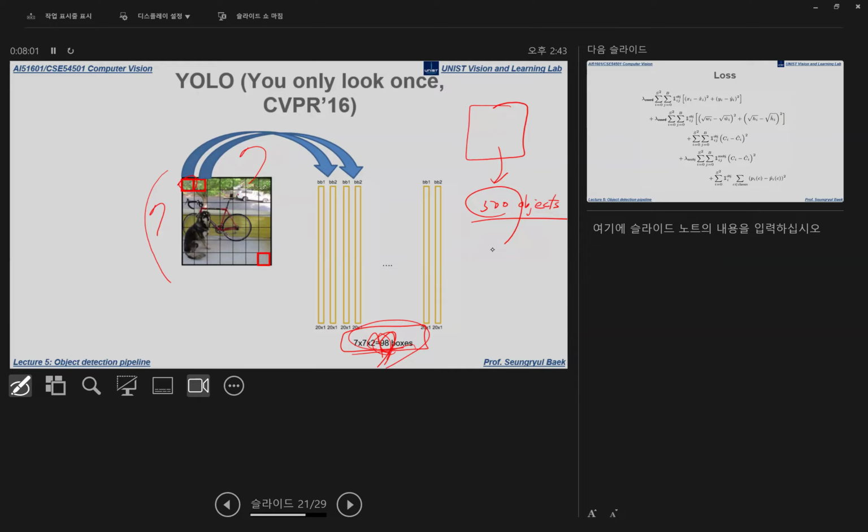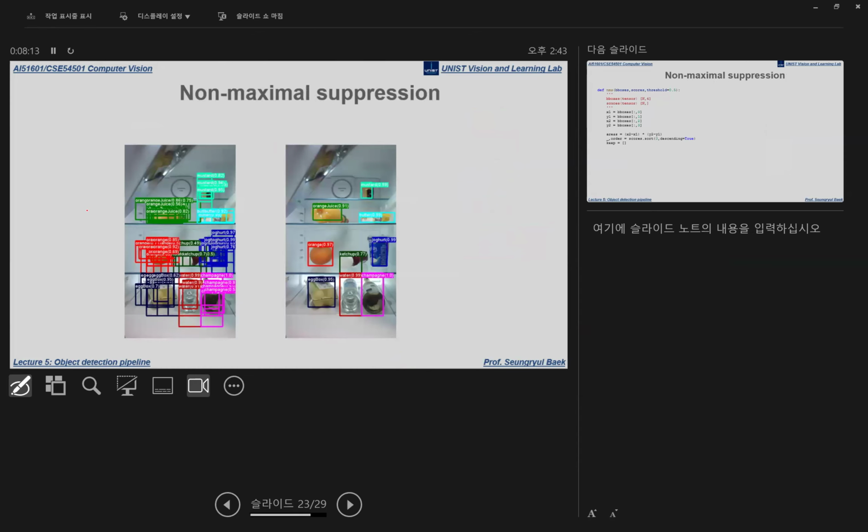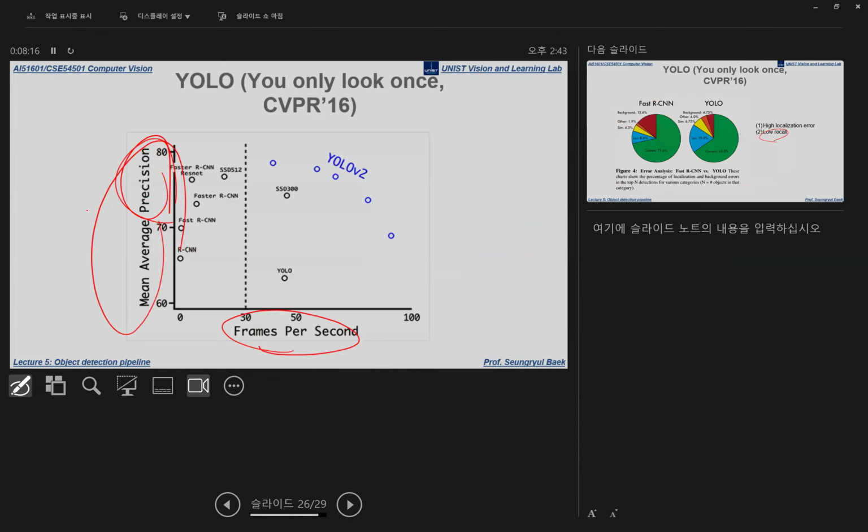In the last lecture, I talked about recall and precision, and we will talk about that now. This is what we learned last time. Here you can see YOLO version 2 and YOLO, their precisions are not bad compared to the RCNN-style algorithms.